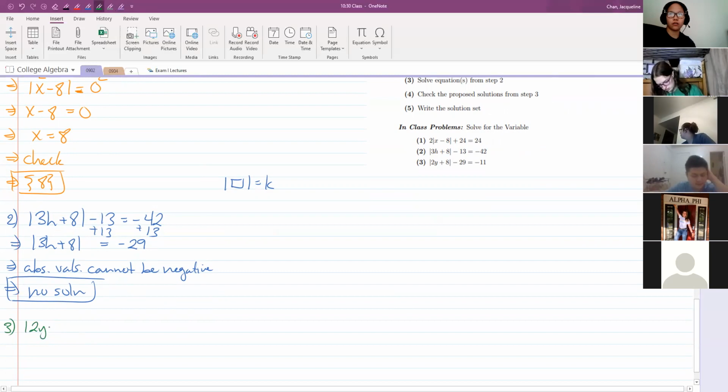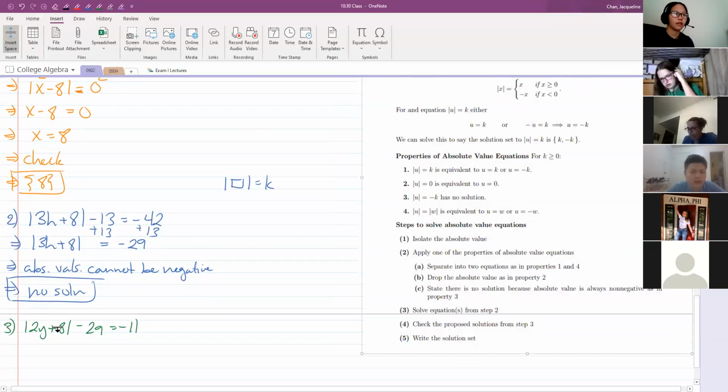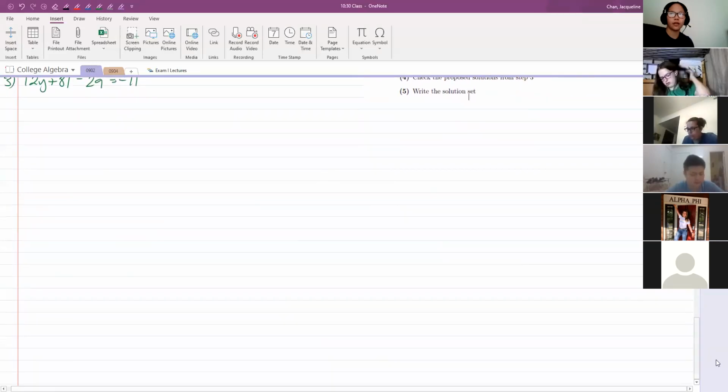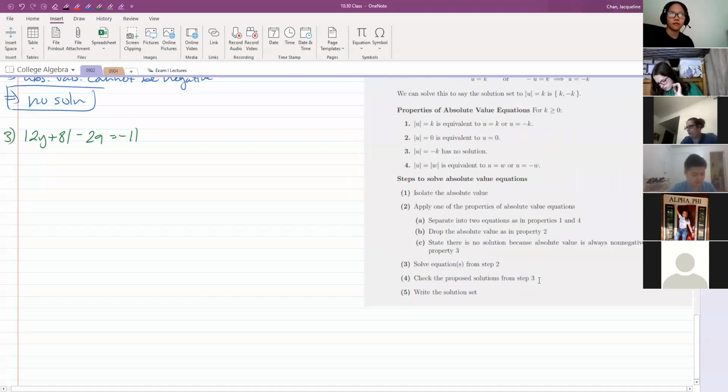So now let's do the last problem. So I have the absolute value of 2y plus 8 minus 29 is equal to negative 11. Okay, let me bring this down and insert some space. Ooh, too much space. Right.